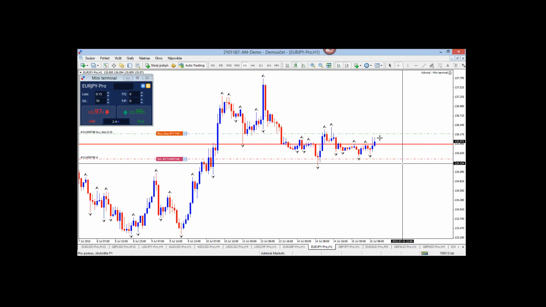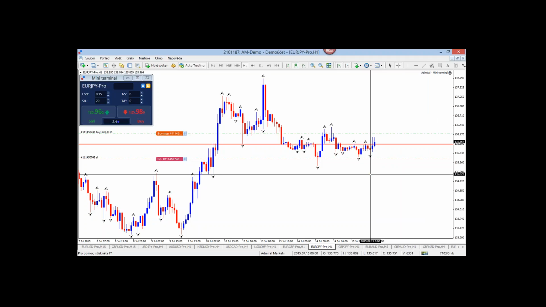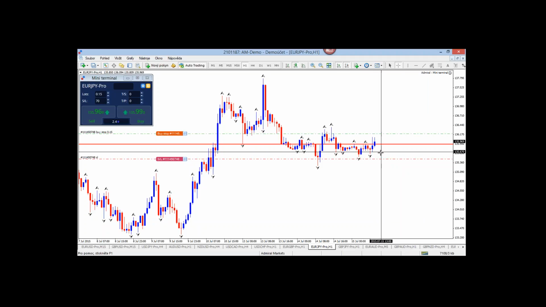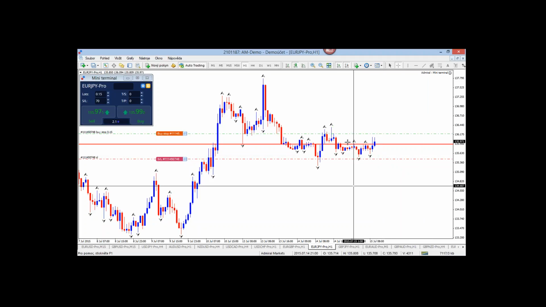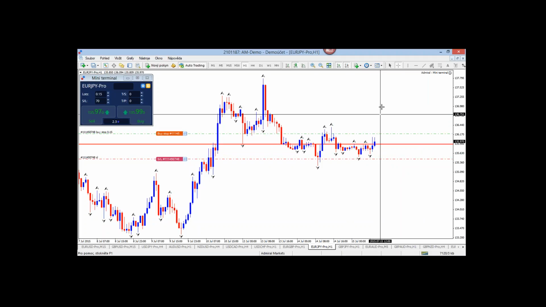But as a breakout, I think this is a bit better because of the space. It's easier to show in a webinar, because waiting for an hourly candle would require that this will be after the webinar. So this is a bit easier to show, but could be a breakout here on the euro yen.